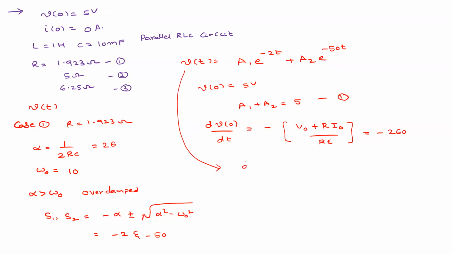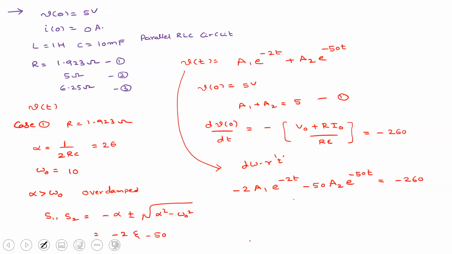So differentiate with respect to t. If you differentiate this, what will you get? Minus 2 A1 e to the power of minus 2t, that is the first term, minus 50 A2 e to the power of minus 50t, which equals minus 260.